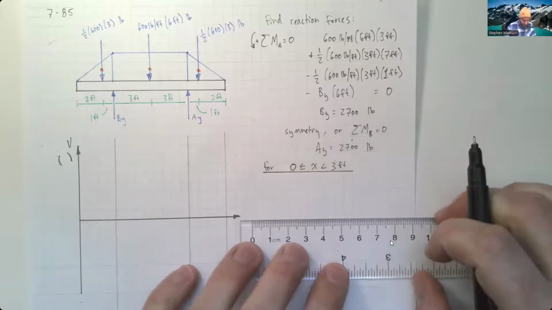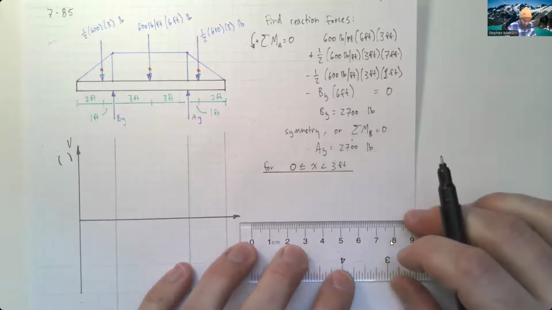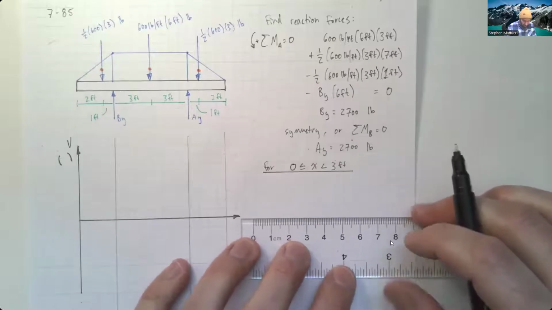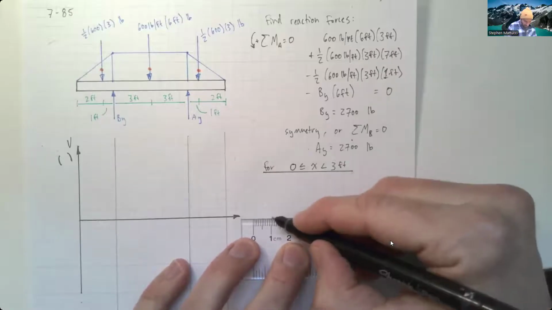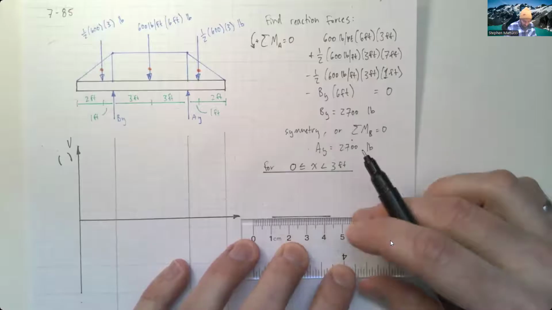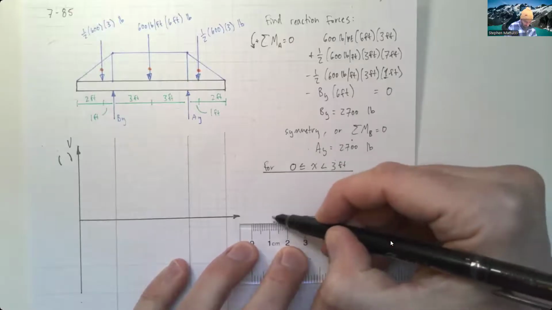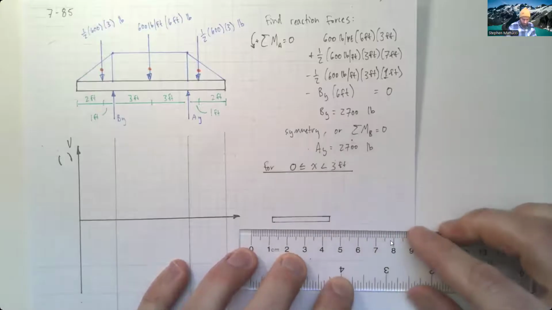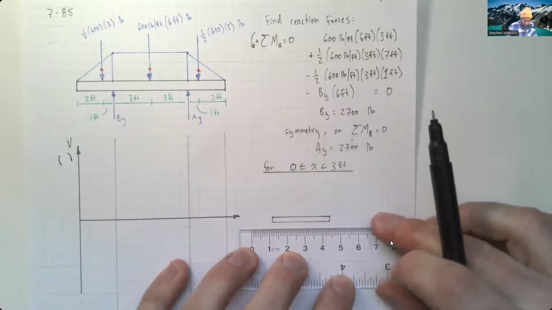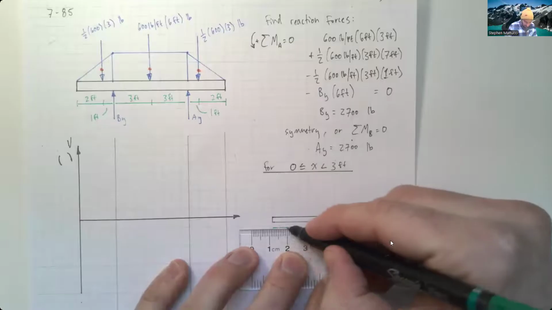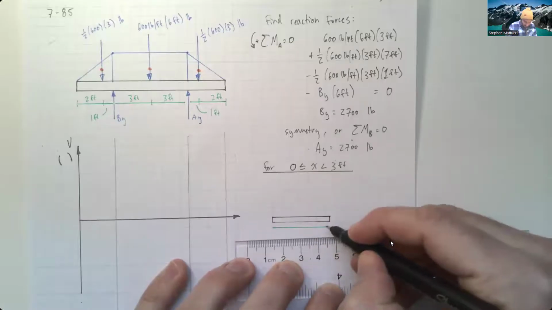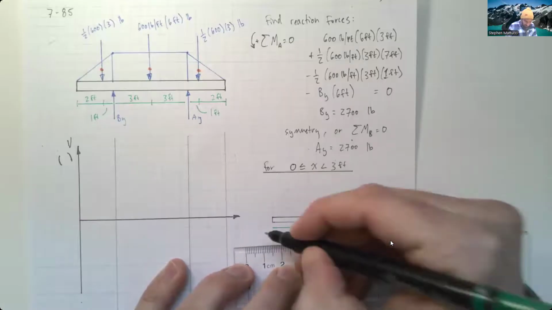And so I'm just going to quickly draw my free body diagram here. So this is our variable length segment here, x.